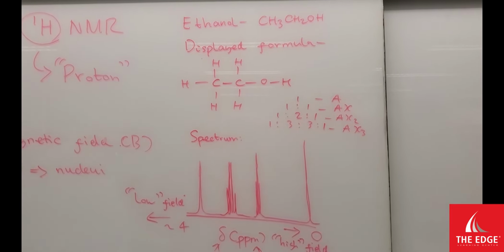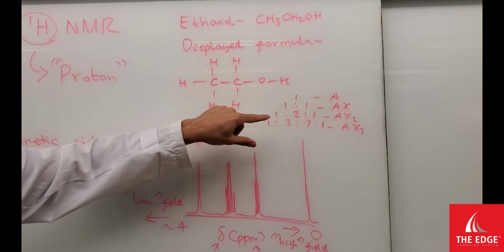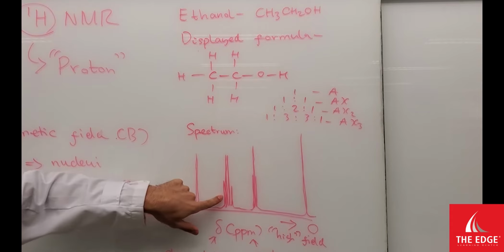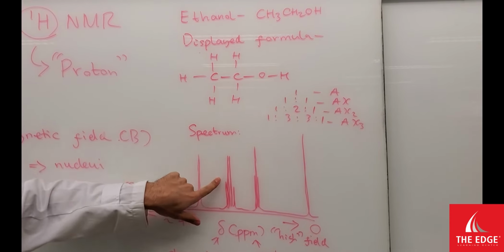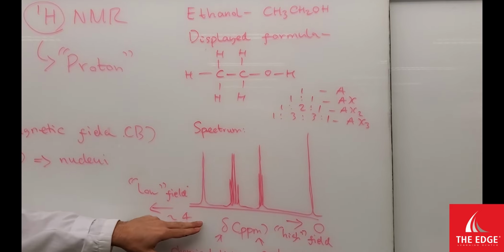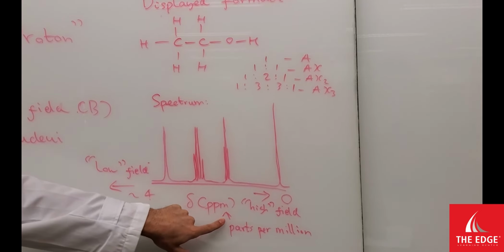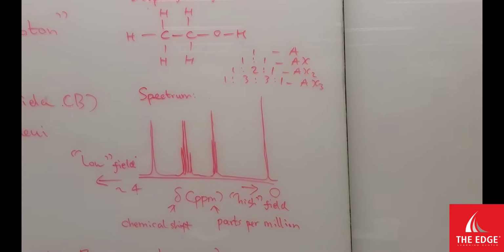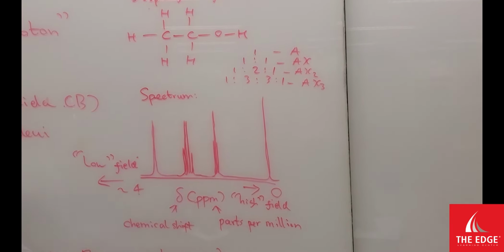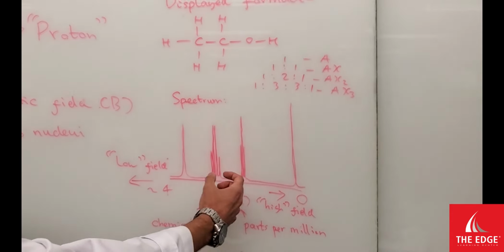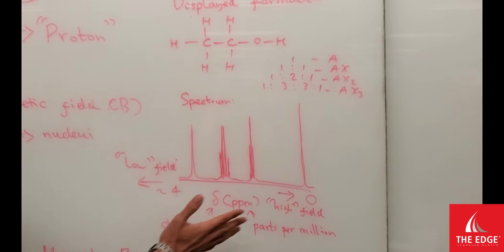The numbers in Pascal's triangle just represent the distribution ratio, the intensity of the distribution. Also along here we have the chemical shift with this symbol here, and ppm standing for parts per million. Depending on whether we have an electron withdrawing group or an electron donating group, the signals will appear either low field or high field.